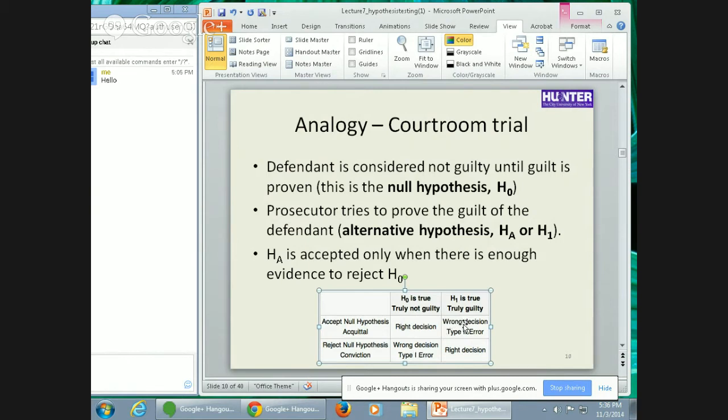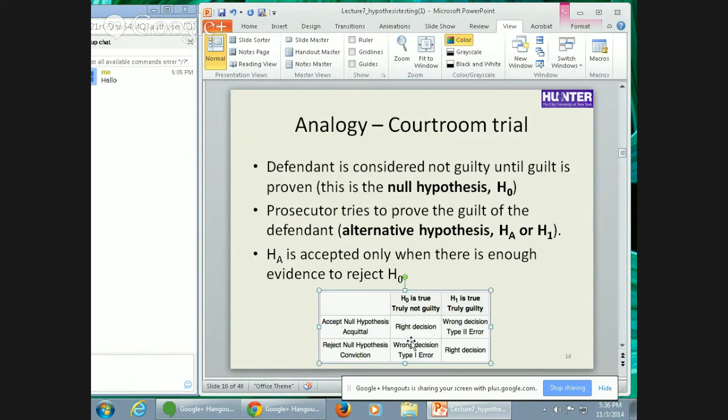On the other hand, if H1 is true, so the defendant's guilty, and you fail to convict, that's a type 2 error. So that's where you fail to reject a false null hypothesis. And as you can imagine, there's some trade-off between these two.